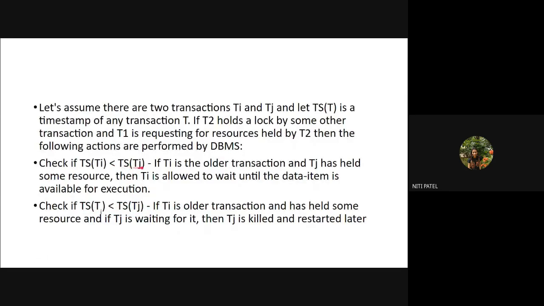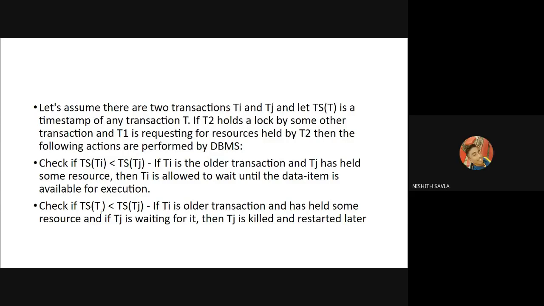Tj ने पहले request किया था, अभी यहाँ पे Ti ने पहले request किया है. तो अगर Ti ने पहले request किया है and if that is the older transaction and उसका timestamp is less than Tj's, what will happen in that case? Ti को मिलेगा, the data item will be given to Ti and Tj will be killed. Killed मतलब उसका execution rollback हो जाएगा and it has to start the transaction again. Why is this done? In order to avoid unlimited starvation.